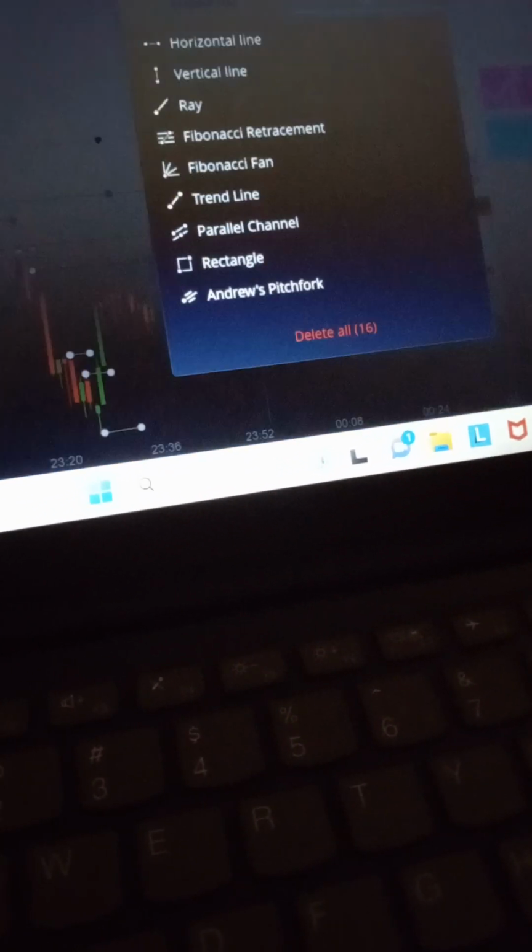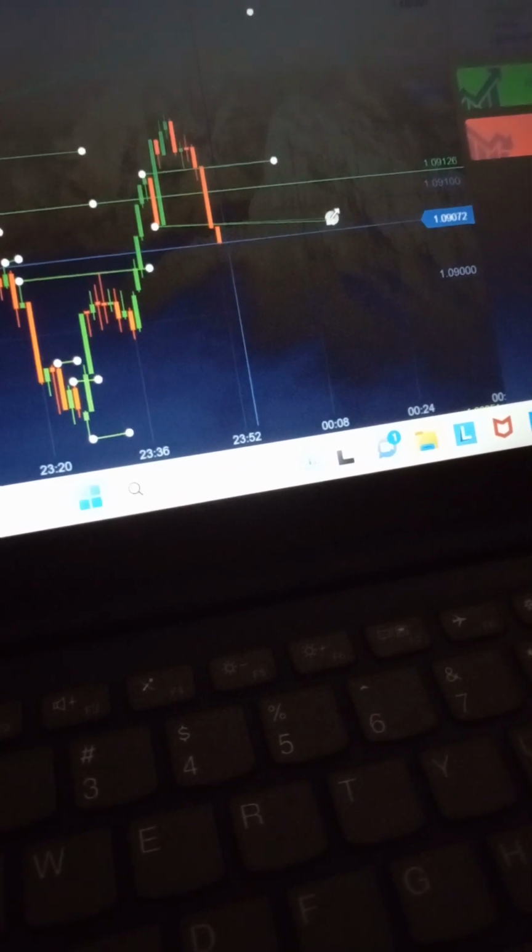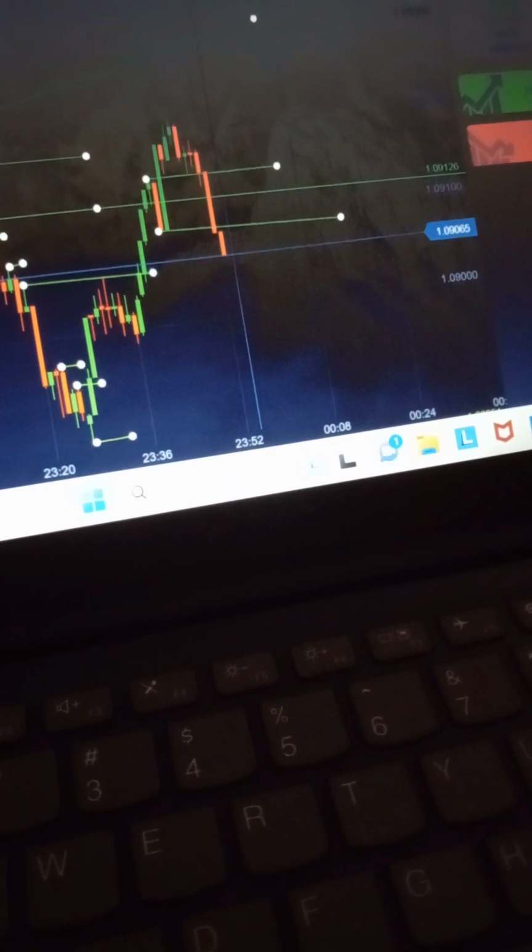So I'm gonna draw in a trend line connecting these lows, because we may end up having price trend sideways for a while or consolidate for a while before it goes in either an upward direction or a downward direction.